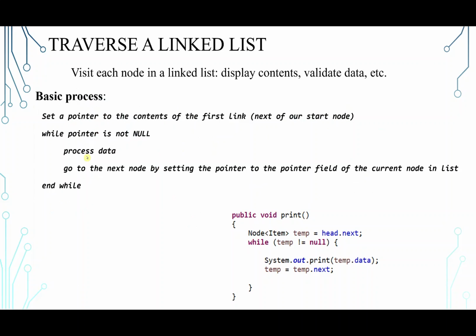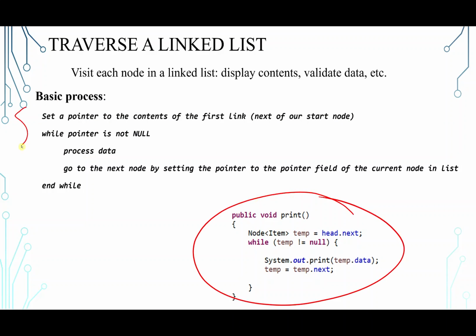Okay, so traversing a linked list. As I said, I just explained this, and here it is in writing. Visit each node in the linked list, display the content, validate data, etc. The basic process is you set a pointer to the contents of the first link, next to our start node or start link.